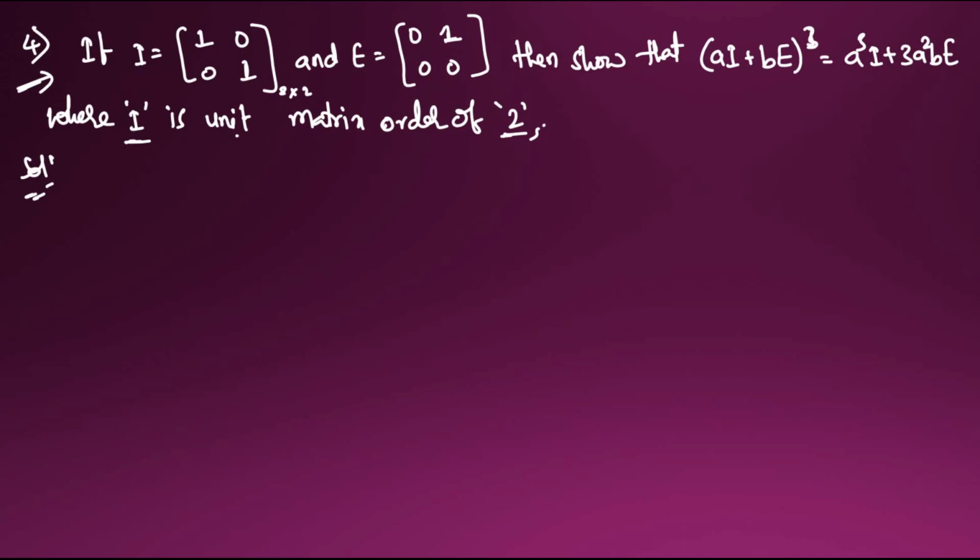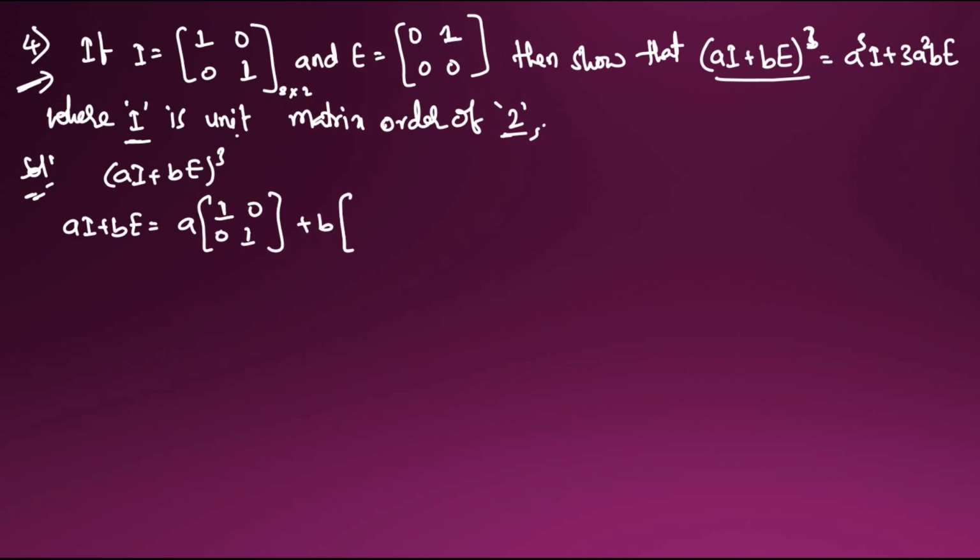First, what is given here, we'll have to take (AI plus BE) whole cube. Okay? So in this, first we have to find AI plus BE. So AI plus BE is equal to A into I, which is 1 0 0 1, plus B into E, which is 0 1 0 0.